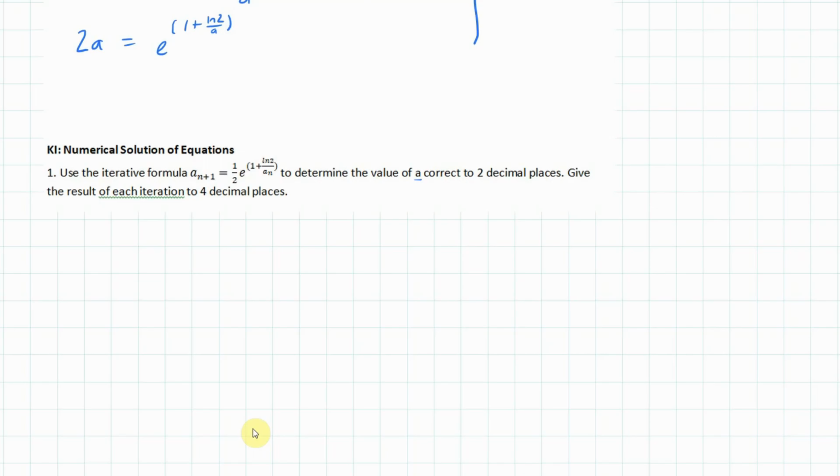Well, I'm going to try a1 equals 1.5, and let's see where we get to. So 1.5, I pop that in my calculator as my answer. Then I'm going to use this formula.